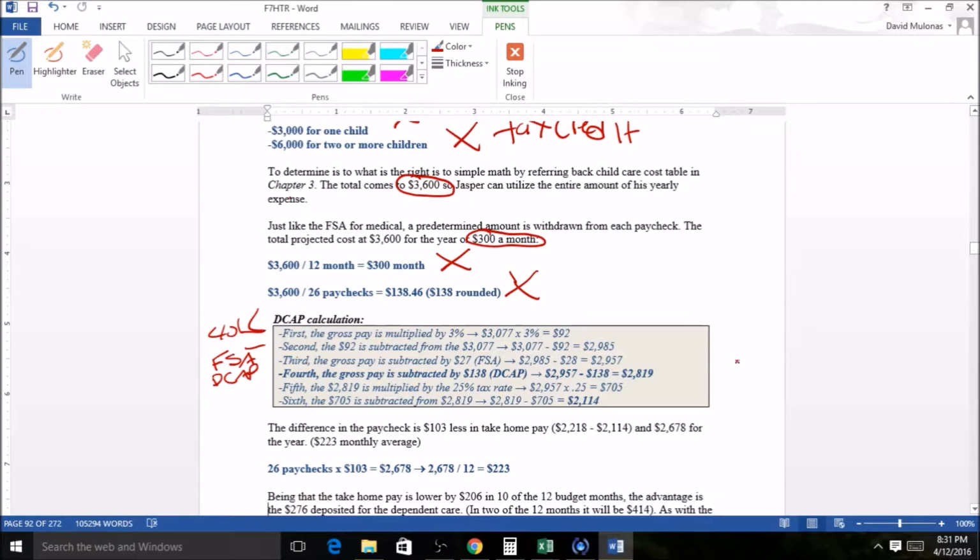And now we see that it comes out to $28.19. Now we take the 25% tax rate. So you can either perform this calculation or just multiply by 0.75 of this $29.57 total. And ultimately, it brings the take-home pay to $2,114.